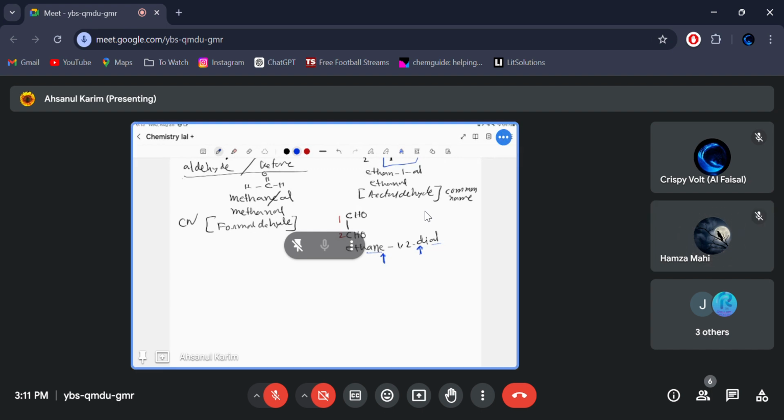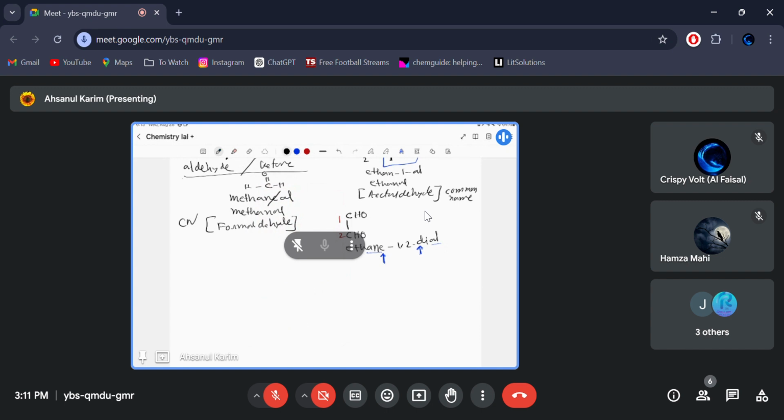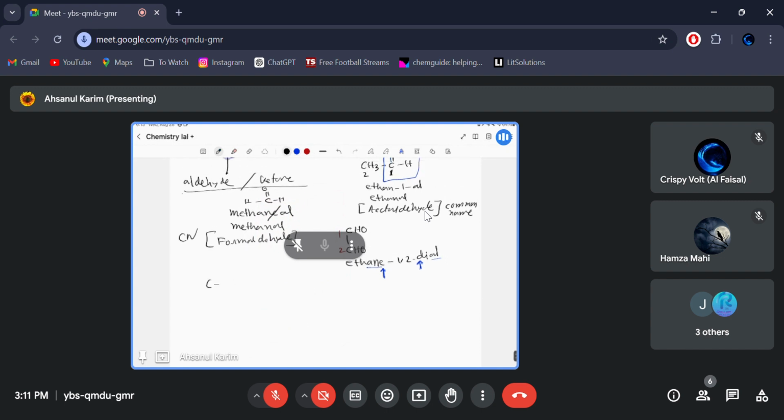No, not like that. Not always. For example, it is out of the syllabus so I'm not showing you guys, but we have a compound something like this, and another compound where the aldehyde group is not at the end.